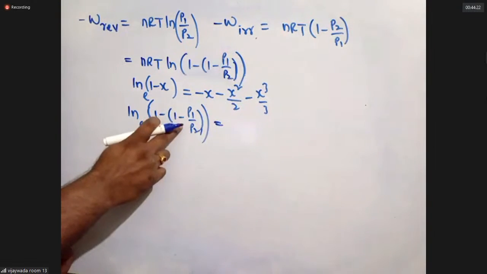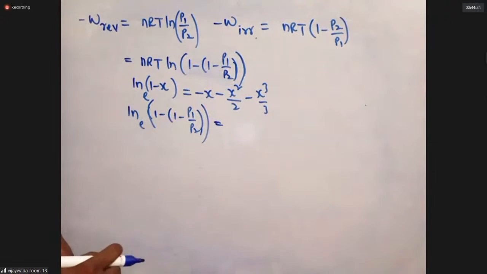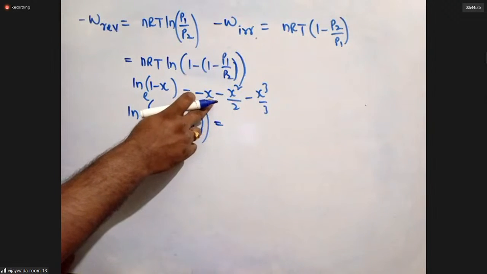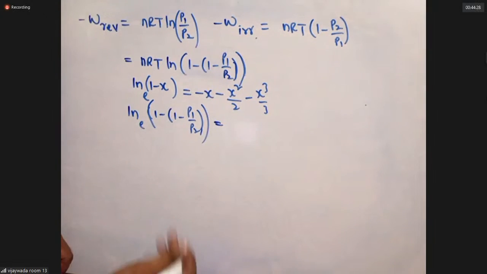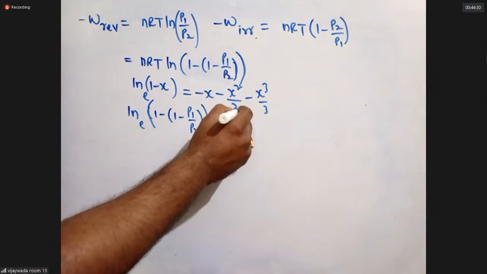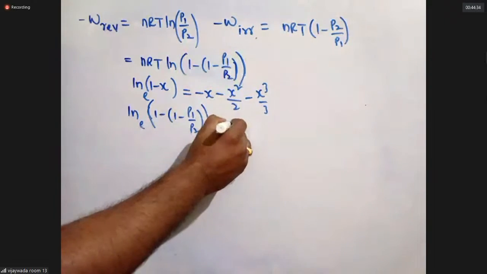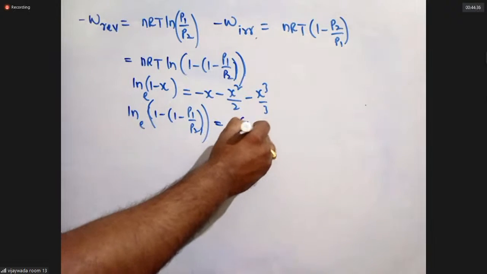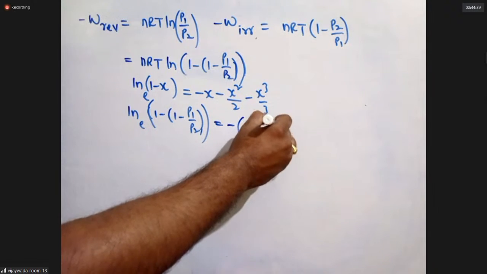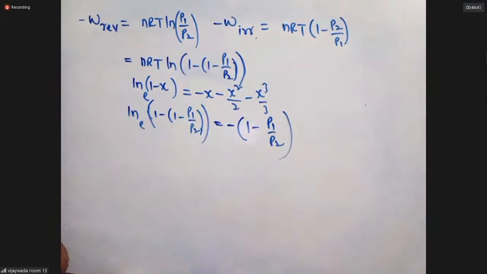I said this value is very low. The x value is already very low, so x square by 2 is also very low. So I'm taking all these terms as negligible except minus x. So I can write this equation as minus of 1 into 1 minus P1 by P2. Got it now?